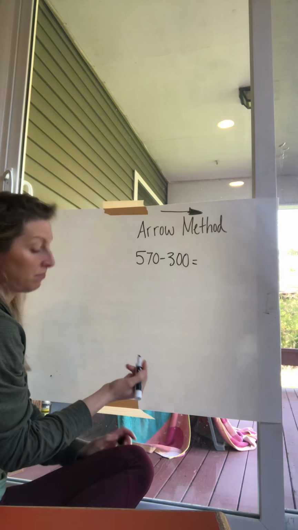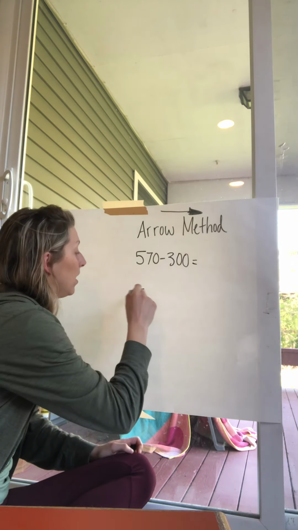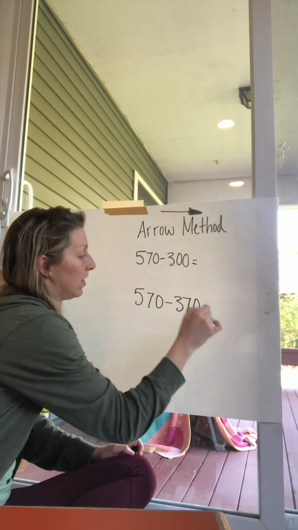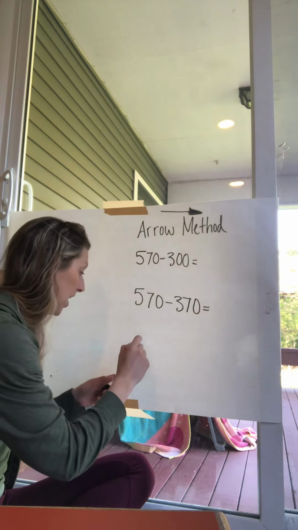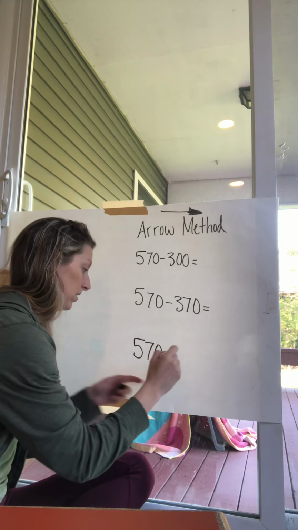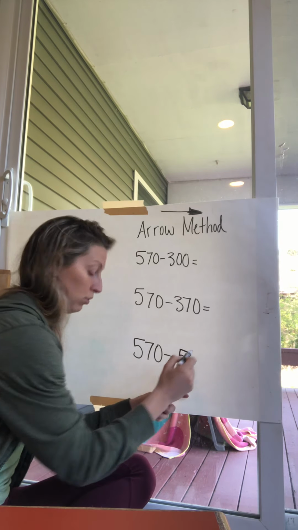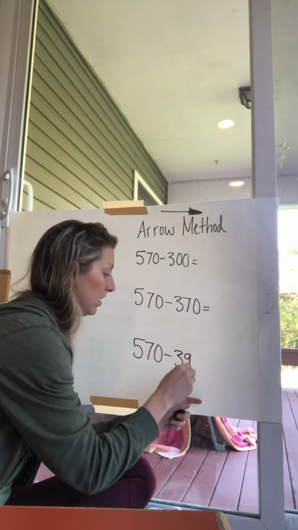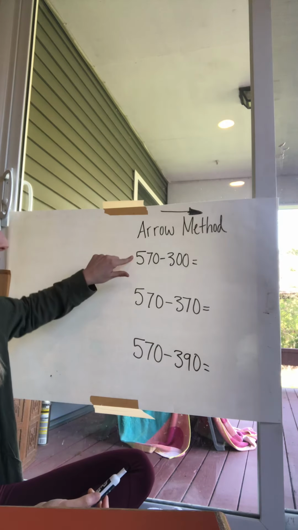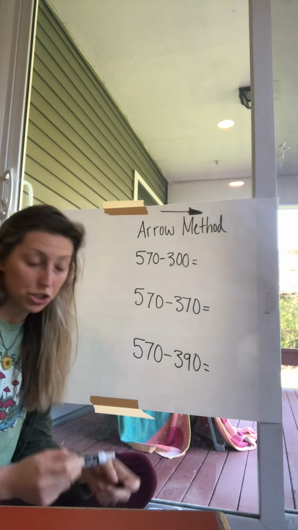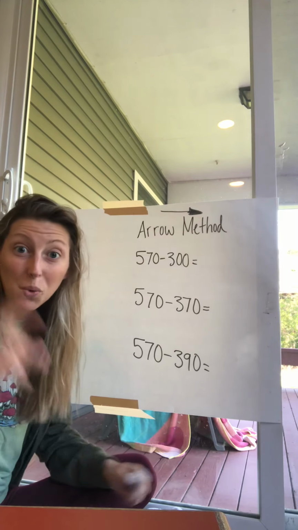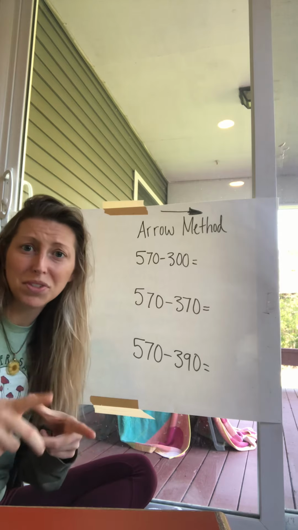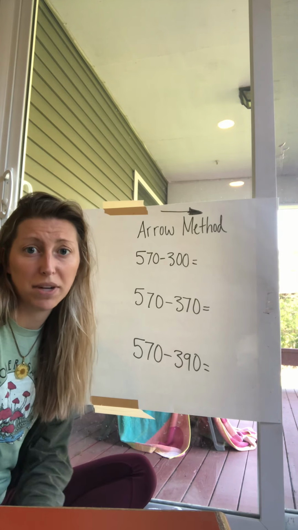Okay, that's our first one. Our second one is 570 take away 370. And our last one is going to be 570 take away 390. Okay, so you have 3 problems that I want you to try using the arrow method, the arrow way, and you can send them via Remind through to my cell phone, anything that works best for you.